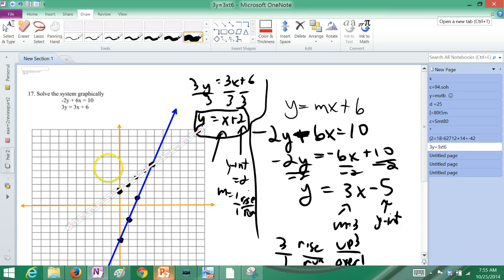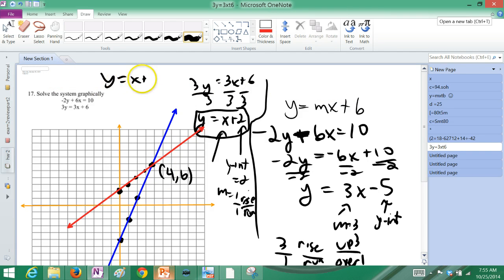It looks like they might intersect in the point 4, 6. Looks like it. Let's double check that. When x is 4, y should be 6 for both of them.